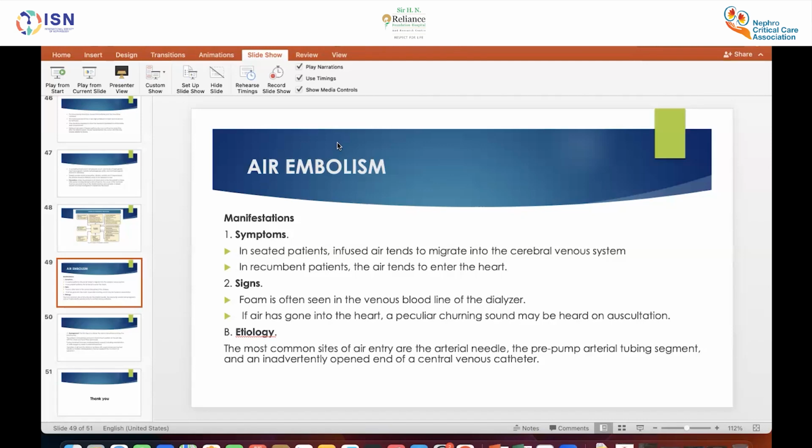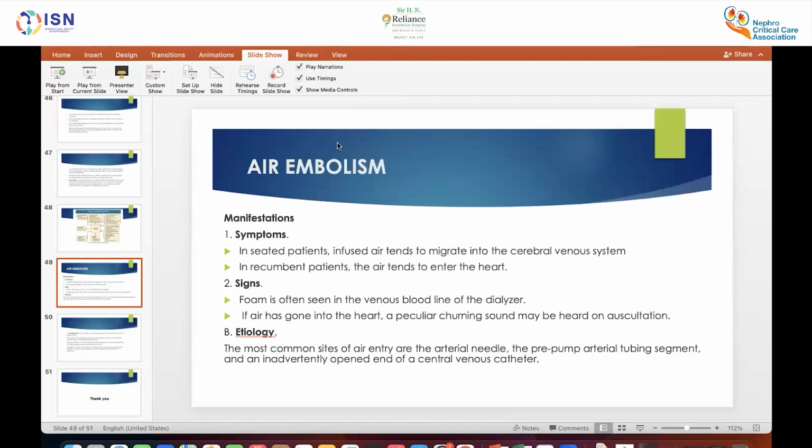Similarly, if there is any third port, let us say you have put a triple lumen catheter and you forgot to clamp one port, in that scenario also you can have air embolism if it is open. So these are some of the practical things you have to know.